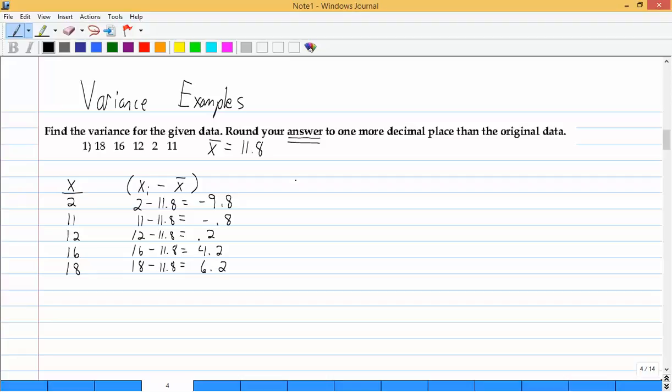Alright, so we want to take each one of those answers and we want to square them. Negative 9.8 squared is equal to 96.04.